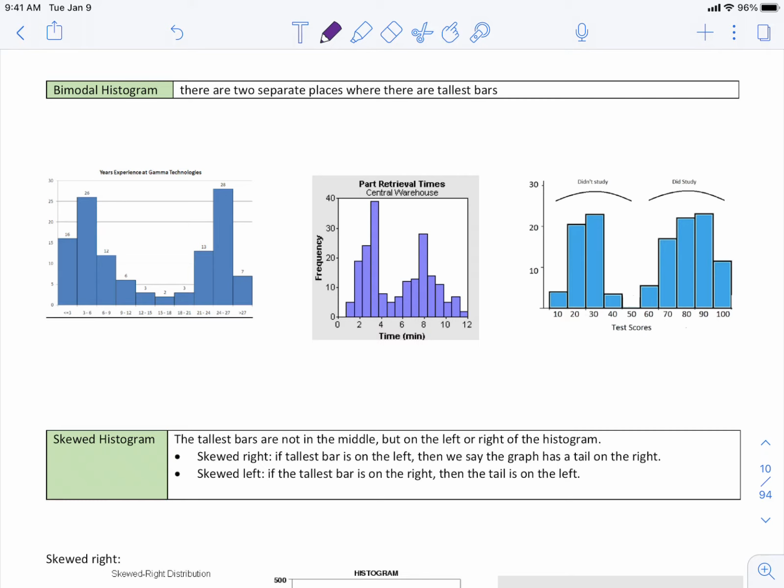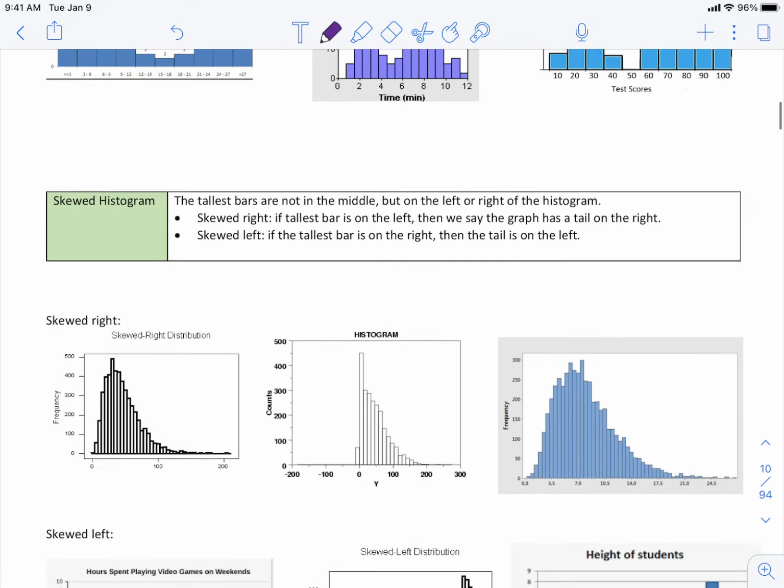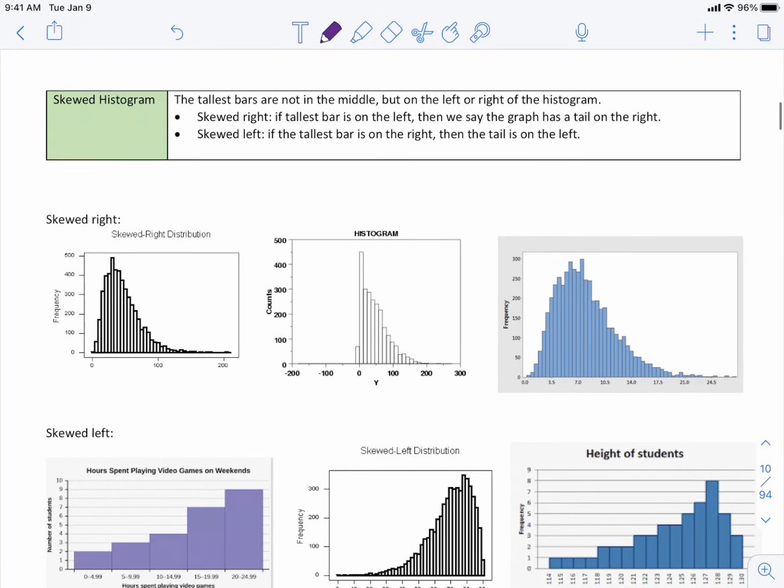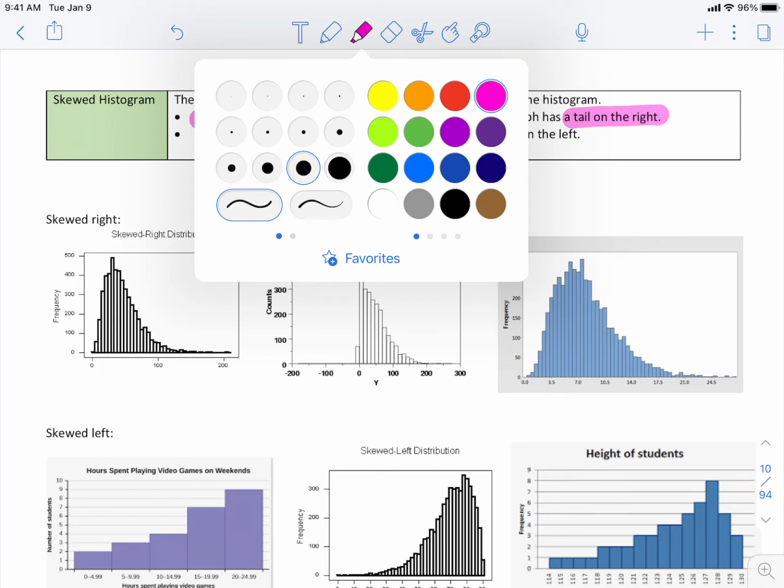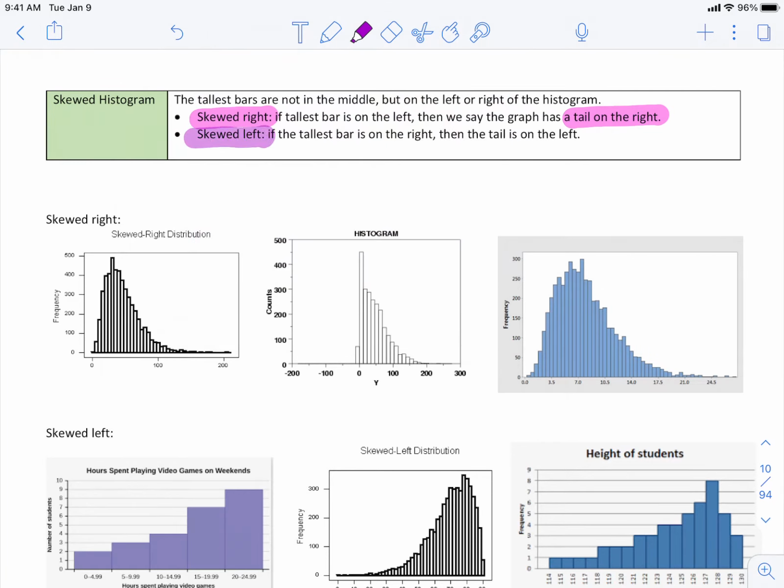Next, we have a skewed histogram. This is where the tallest bars are not in the middle, but on the left or right of the histogram. So skewed right: if the tallest bar is on the left, then we say the graph has a tail on the right. Skewed left: if the tallest bar is on the right, then the tail is on the left.